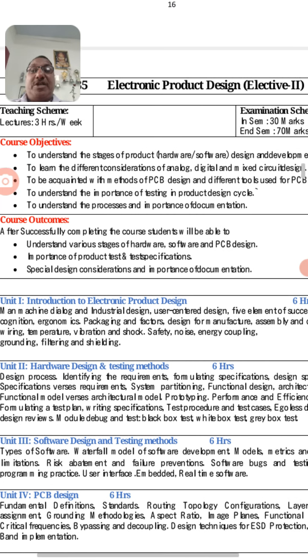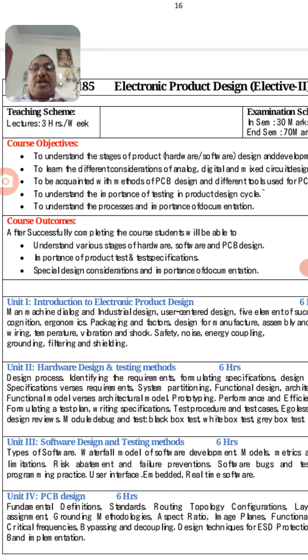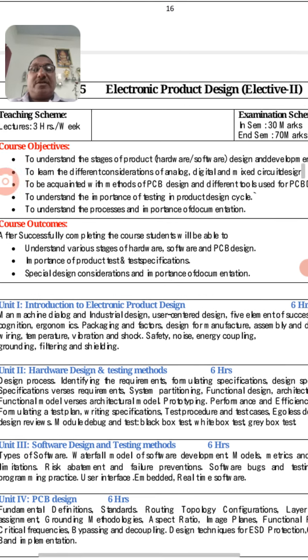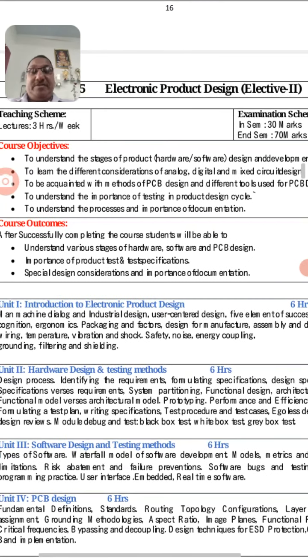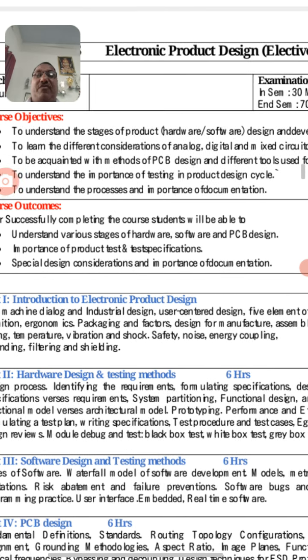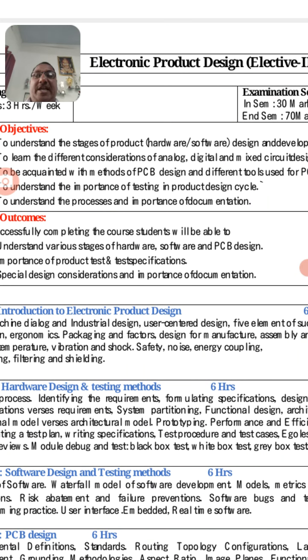The course objective of this particular subject is, first, to understand the stages of product, hardware and software product design development. Second objective is to learn the different considerations of analog, digital and mixed circuit design.